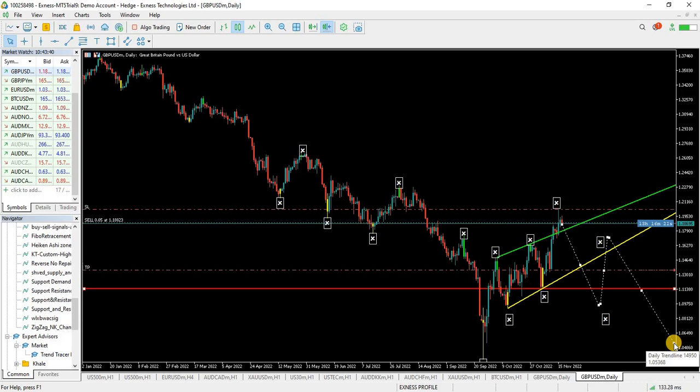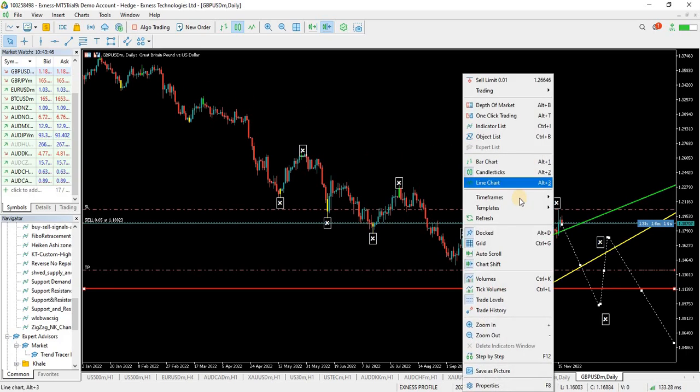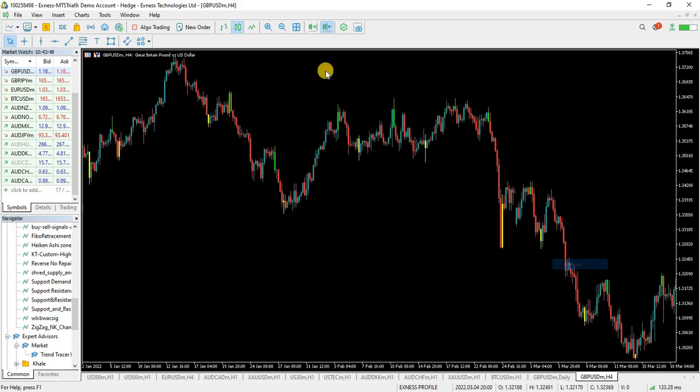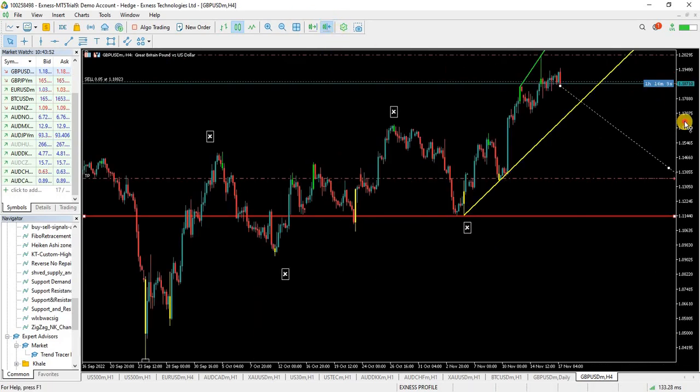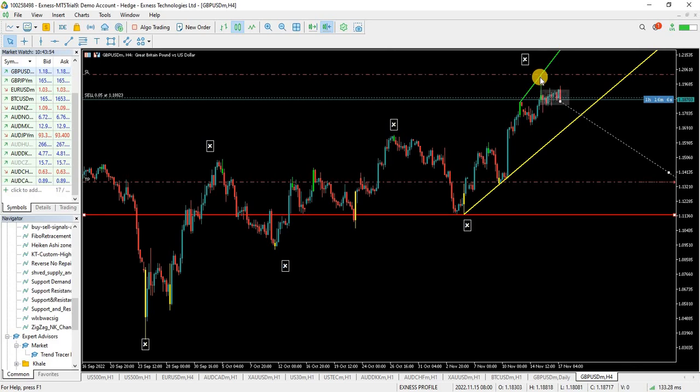This is GBPUSD. If we quickly go on the 4 hour, you'll see that on the 4 hour, using the same indicator, my high is already formed. This pin bar here, the high is already formed. That's why I put in a sell to anticipate the move.